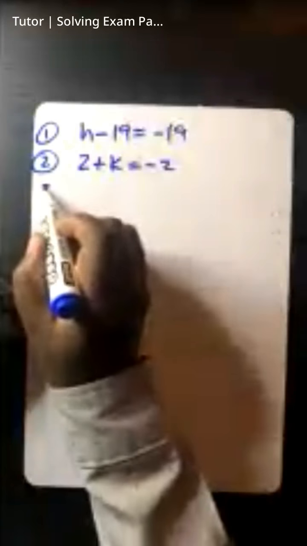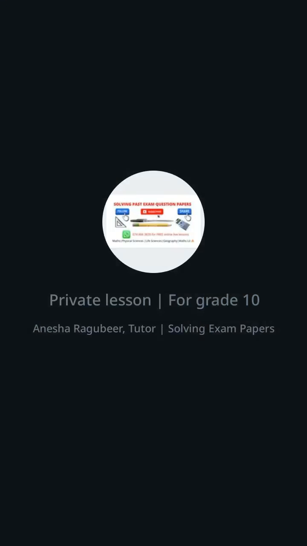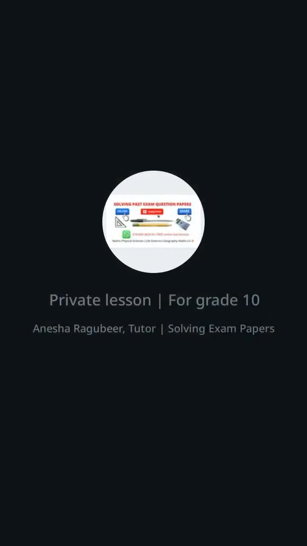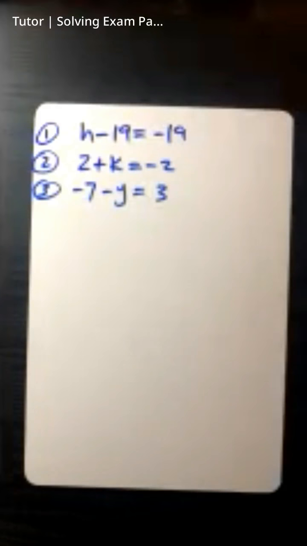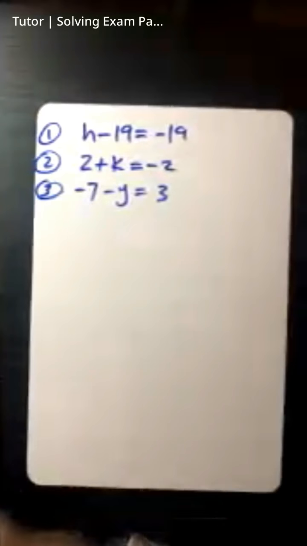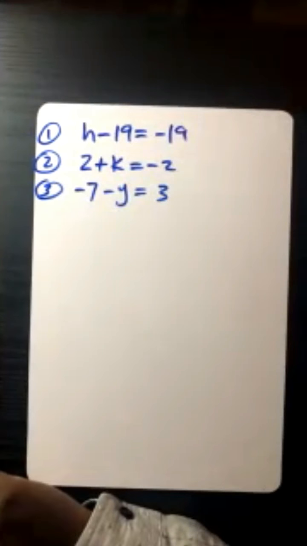And the second one, just make sure that I copy everything correctly there, Shreyas: 2 plus k equals negative 2. The other one was negative 7 minus y equals 3. So everything is copied correctly, isn't it? Yes, sir. Okay, great.